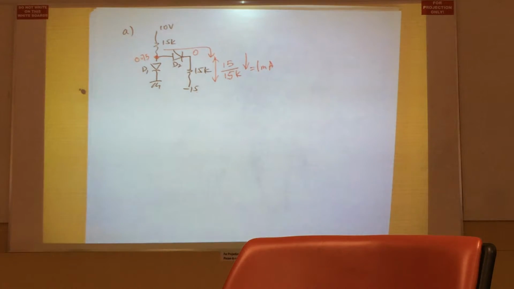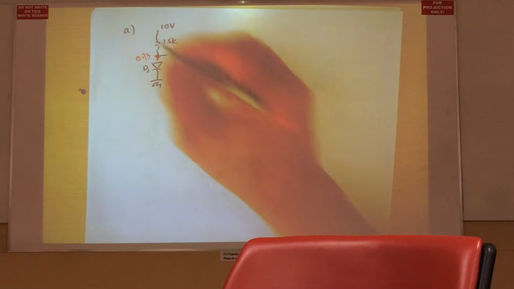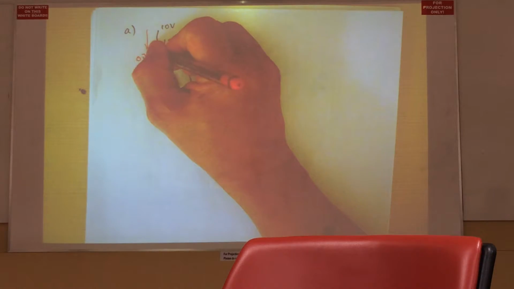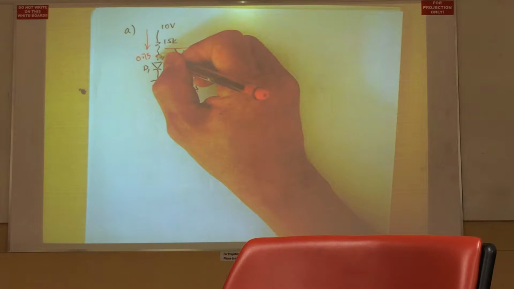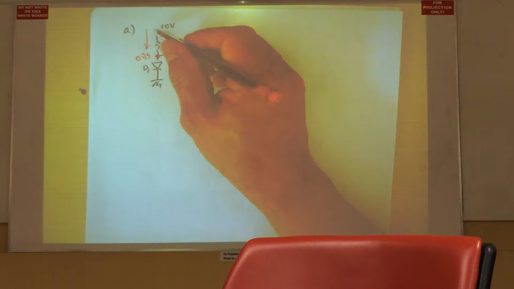Let's take a look at D1. In order to find out D1, let's take a look at the current that's flowing through the resistor at the top. We know that one end of the resistor is connected to 0.75, the other end is at 10 volts. So a total voltage of 9.25 drops across this resistor 15K. Divided by 15K, you get the current.